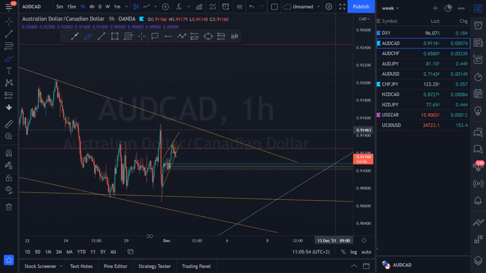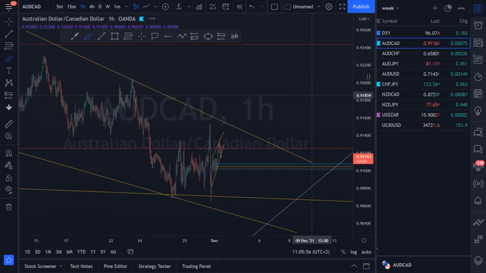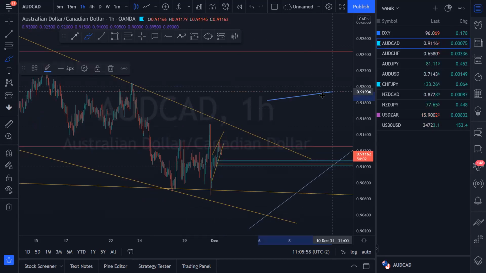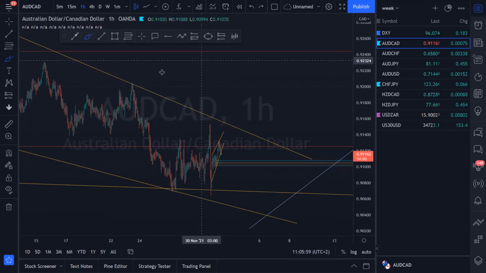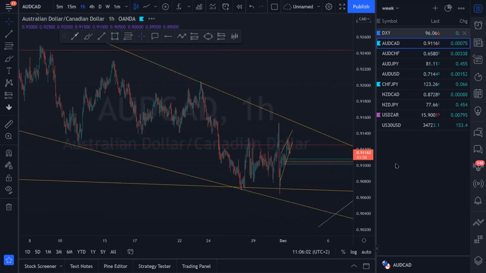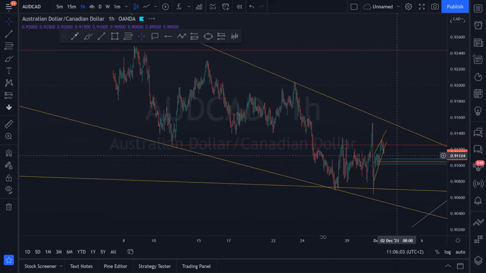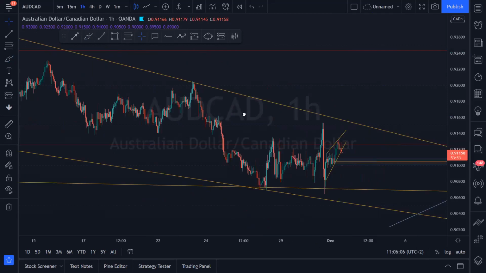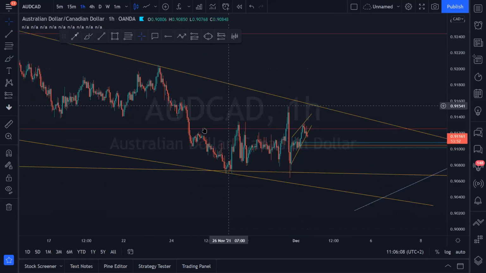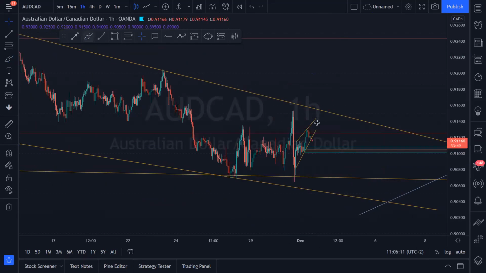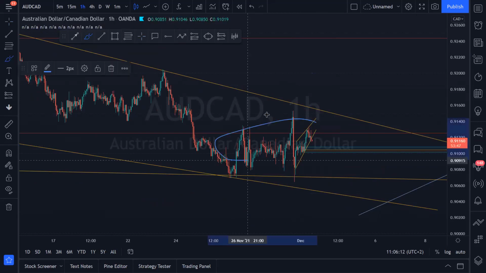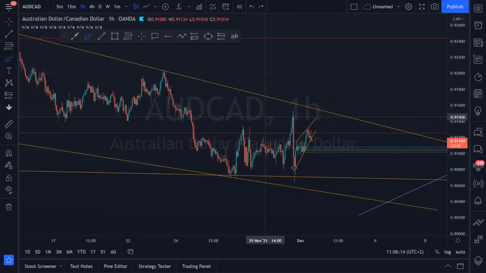So on Aussie CAD, guys, you guys know that we have a slightly bullish bias here. Let's just move the chart to the center. There we go. What we can see about this price action is that we've pretty much just been moving sideways this whole week. So far, we've seen momentum coming up in different directions, but we're still kind of just moving sideways.